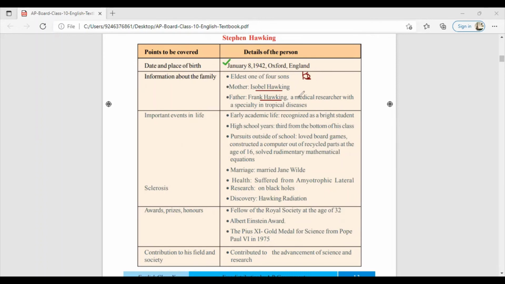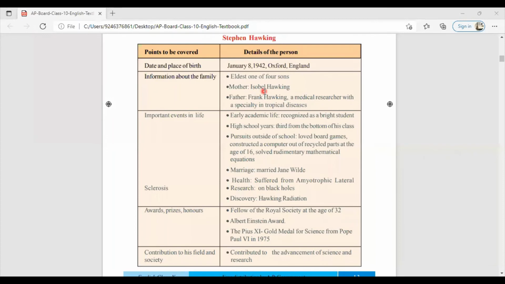He was the eldest of the four children, as given here. Then you will write that his father, Frank Hawking, was a medical researcher with a specialty in tropical diseases. This is the first paragraph we have completed.